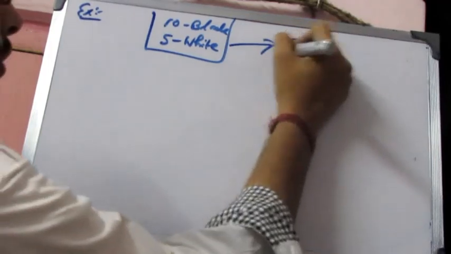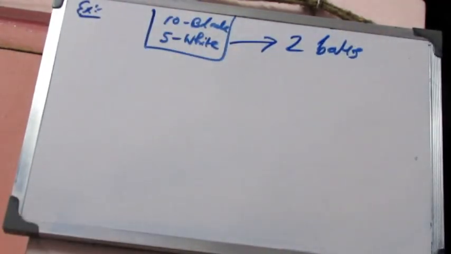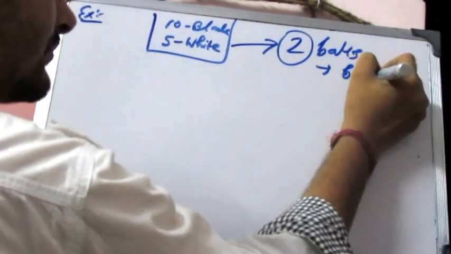Now, what will be the probability that both the balls drawn are black?